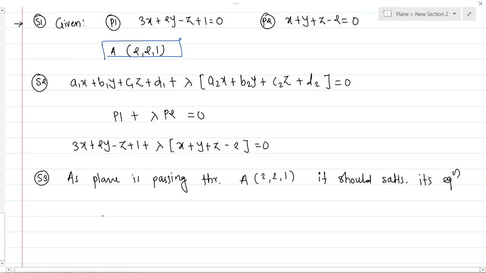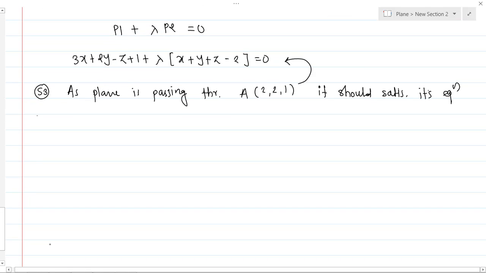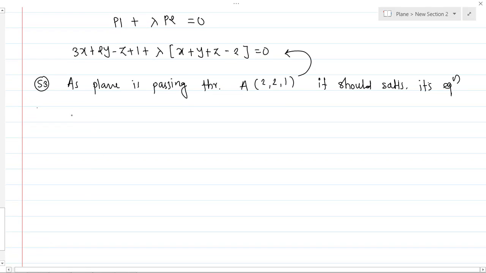Satisfy its equation means, if I substitute 2, 2, 1 here in this equation, I should get 0. So let's substitute: 3 into 2 plus 2 into 2 minus 1 plus 1, plus lambda into (2 + 2 + 1 - 2), equals 0.